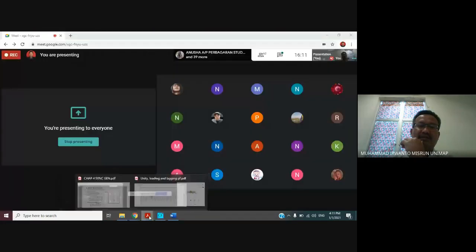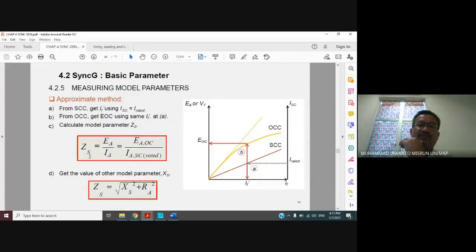If you want to use this formulation, you can also. First you find the synchronous impedance from EA over IA. EA is obtained from the open circuit test, IA from the short circuit test. Because ZS is equal to jXS plus RA.